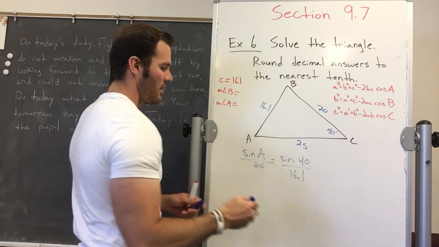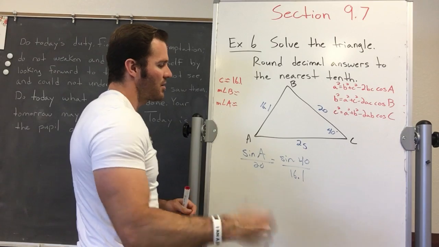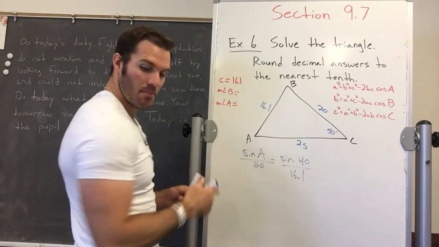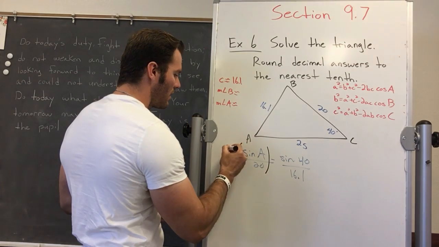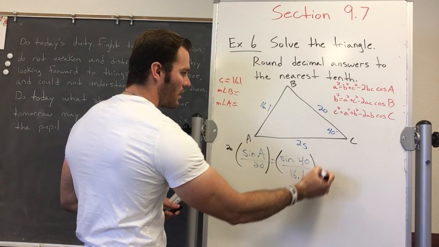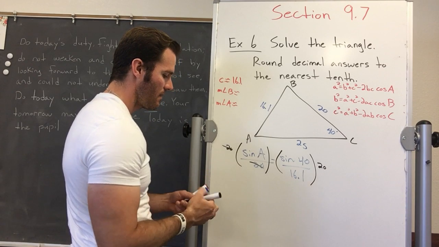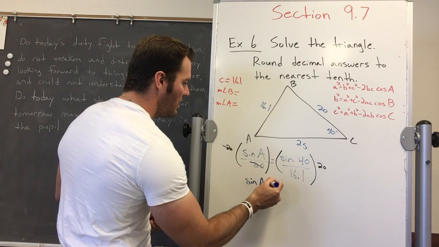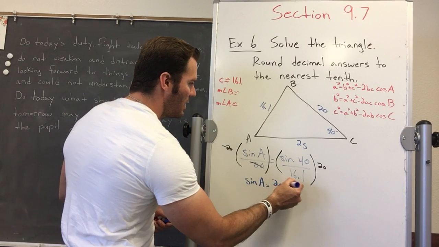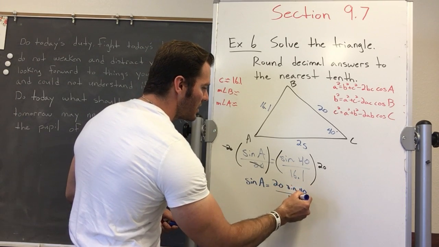This marker is almost dead. Okay, to solve for sine A, we've got to multiply both sides by 20 to get rid of that 20. So now we have sine A equals 20 sine 40 all over 16.1.